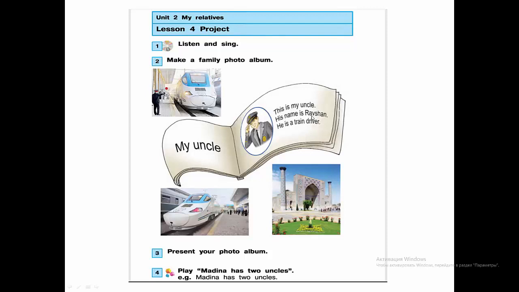His name is Ravshan. He is a train driver. On the next page, you can stick your aunt's photo and you will write the information about your aunt. For example, this is my aunt. Her name is Savara. She is a teacher. And then you will present your photo album.